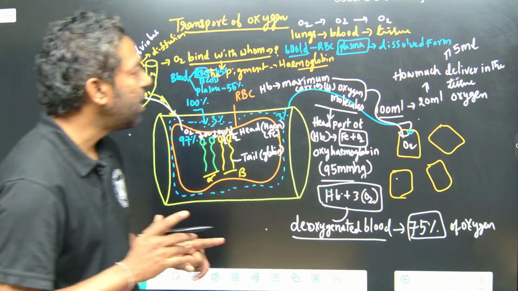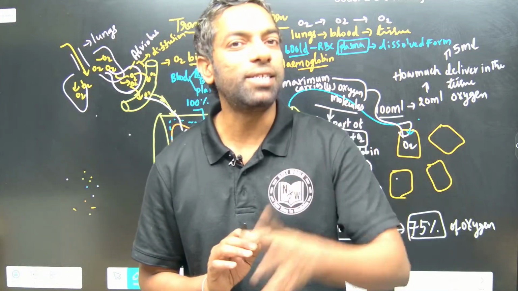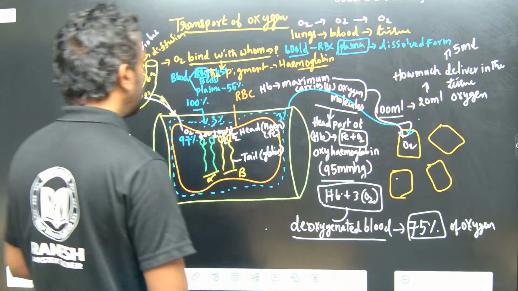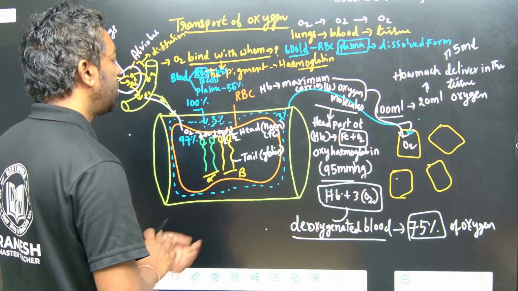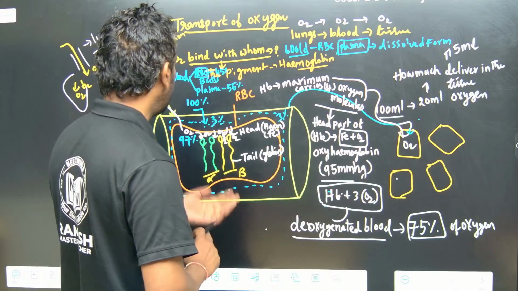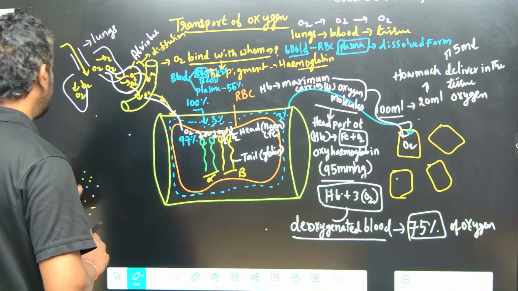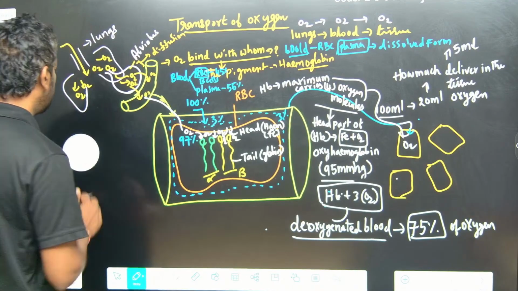The main reason oxygen binds with hemoglobin is the partial pressure. The partial pressure in the oxygenated blood is 95 mmHg, and in the lungs it is 104 mmHg. So how does it bind?